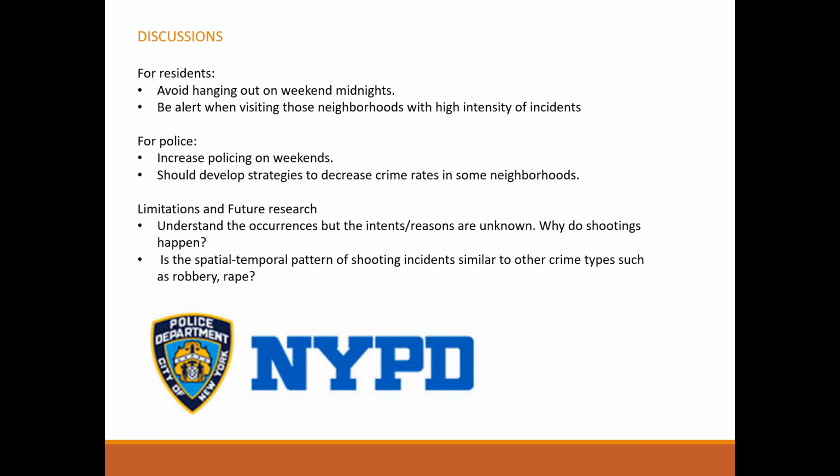So residents should avoid hanging out on weekend midnights and be alert when visiting neighborhoods with high intensity of incidents, like East New York and the neighborhood in Brooklyn and Williamsbridge neighborhood in Bronx. Police should increase policing on weekends and should develop strategies to decrease crime rate in some neighborhoods.